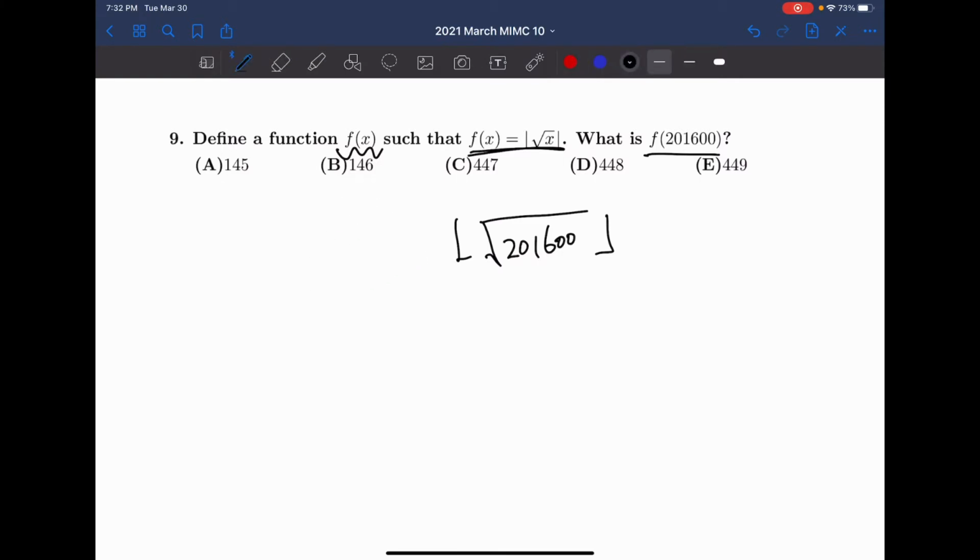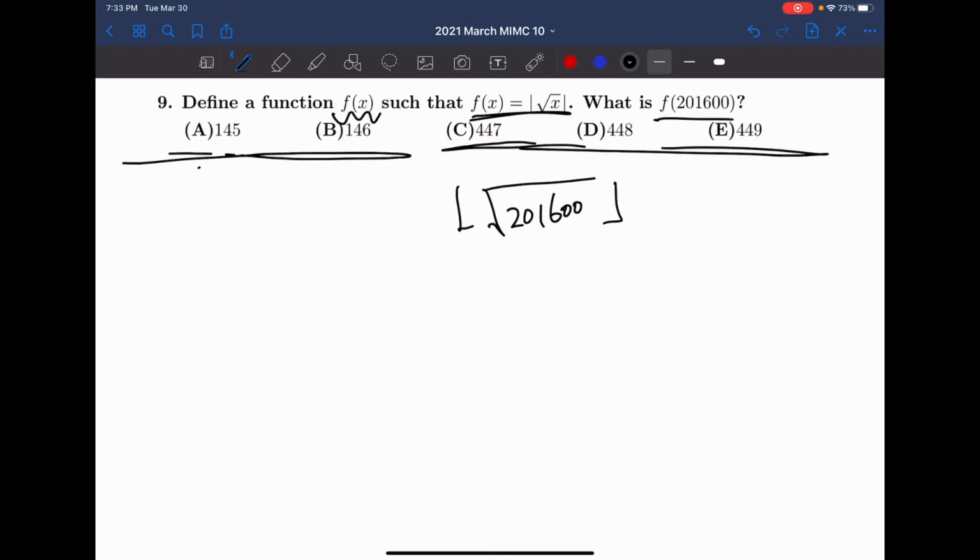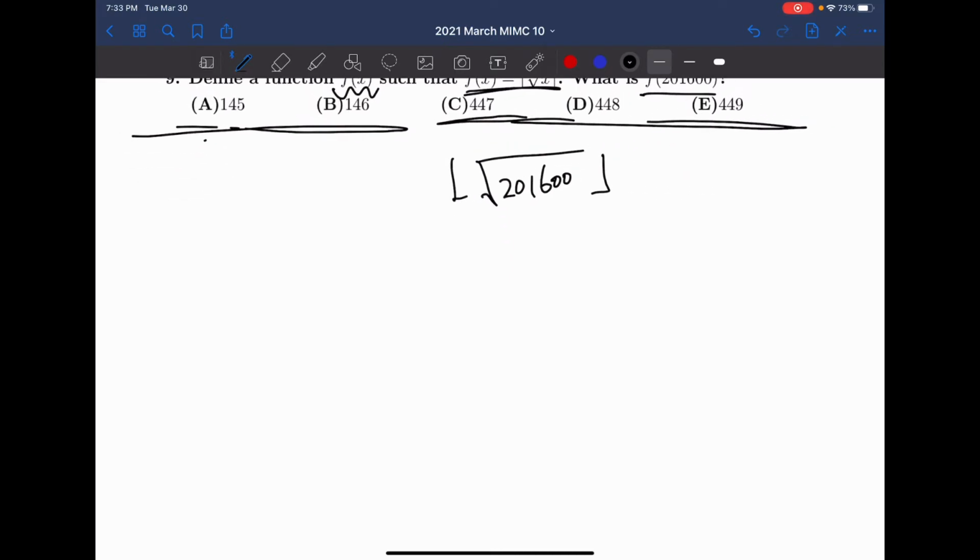And this value, given by the answer key, has two polarized answers, about 150 or about 450. So we can calculate 150 squared first. 15 squared would be 225, and add 2 zeros at the end.